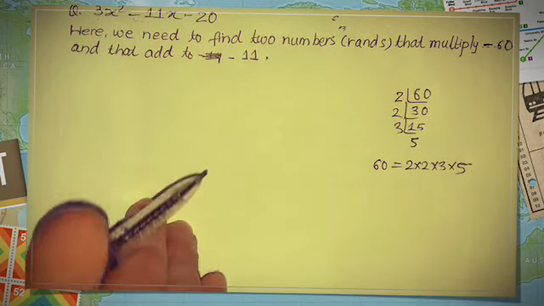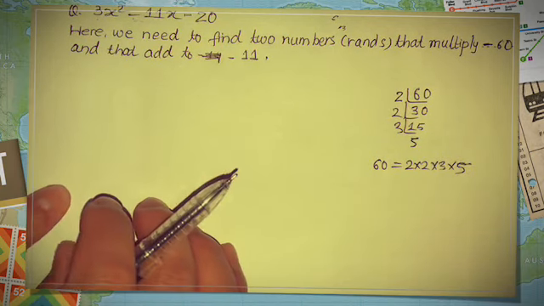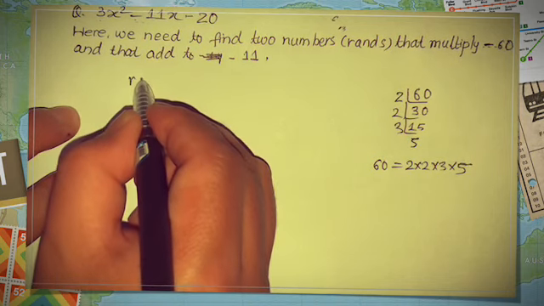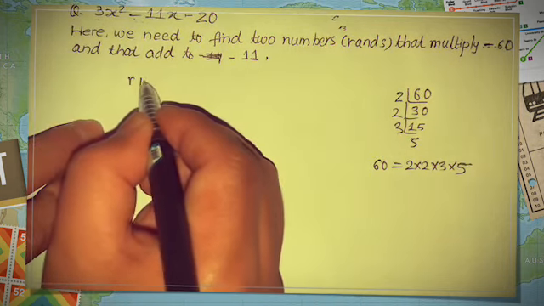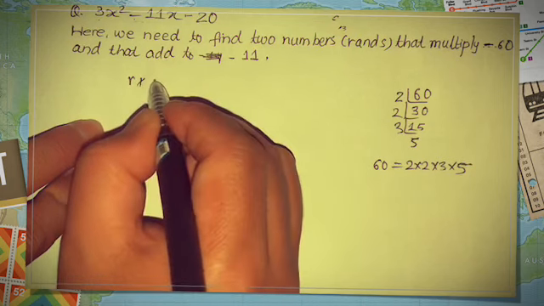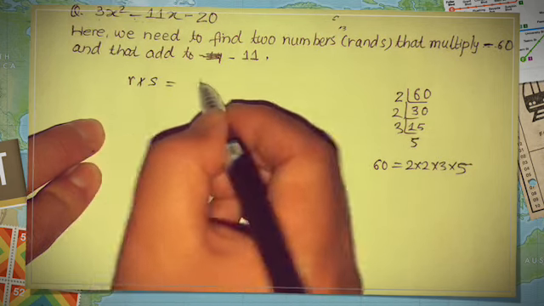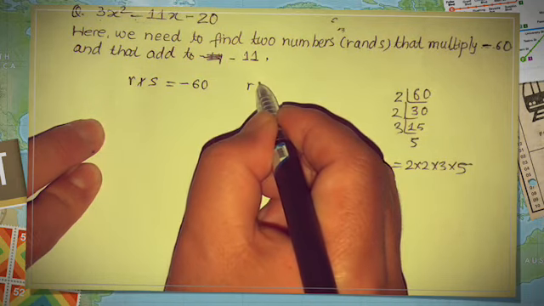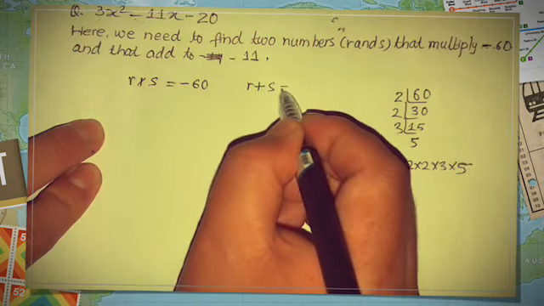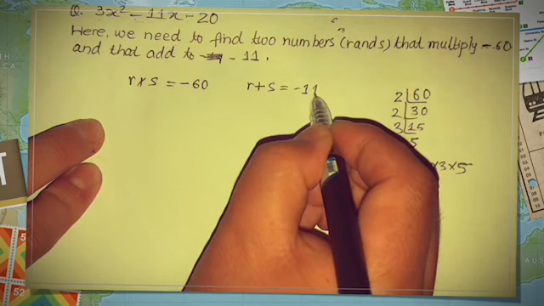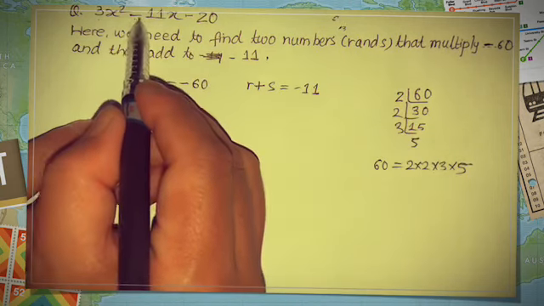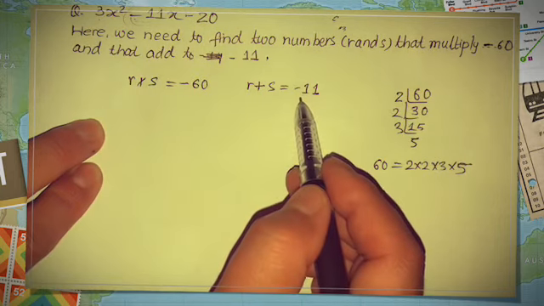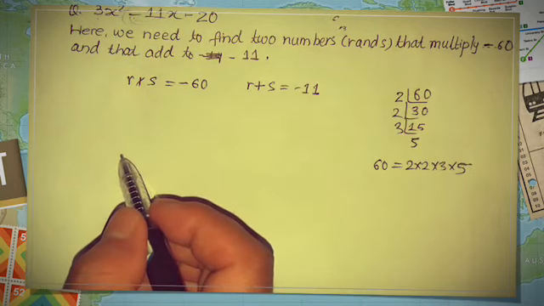So let's make the table for the systematic process. Products will be R and S. Products will be minus 60 and sums will be minus 11. Okay, so minus 11 and minus 20 we have to use here.